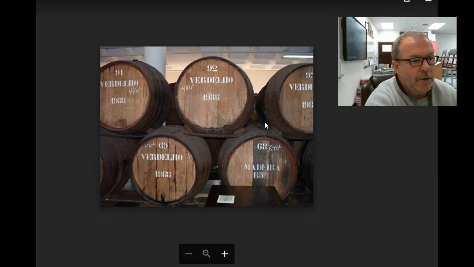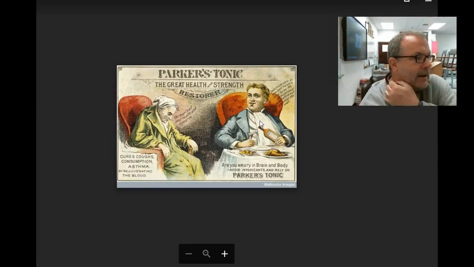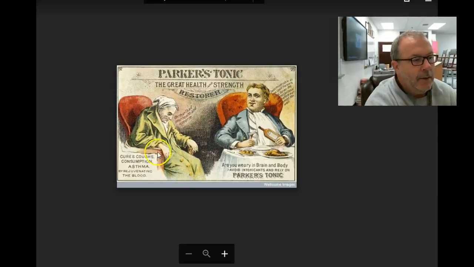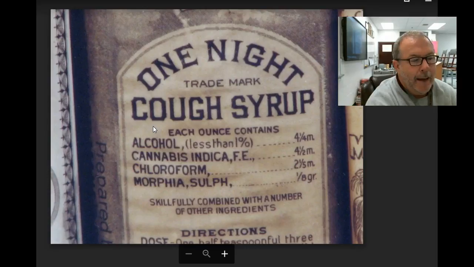This picture shows the massive amounts of alcohol that were being produced in the United States and how alcohol was used by the citizens of the United States. It was used as a medicine, as shown here and here.